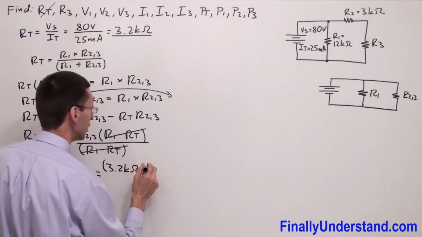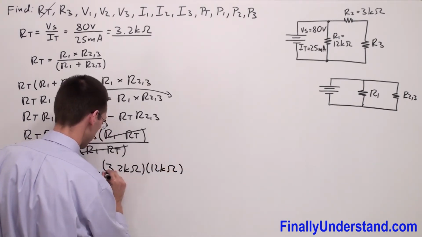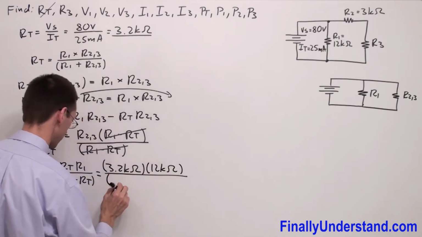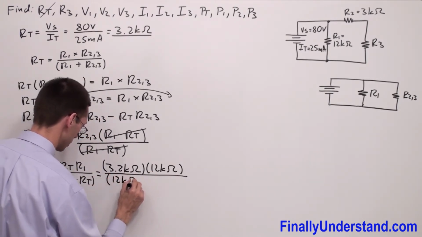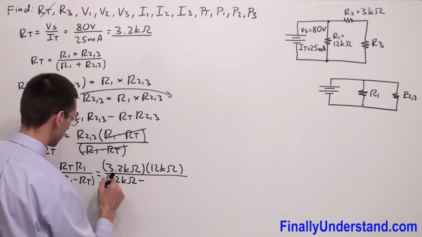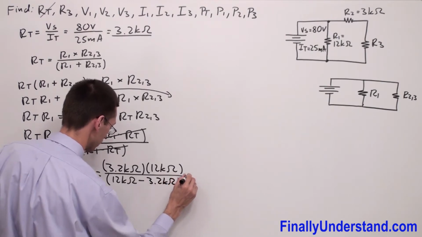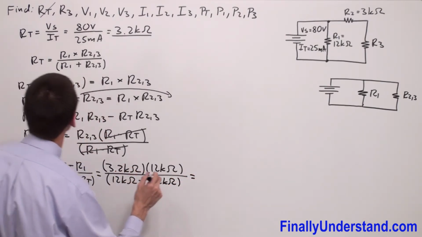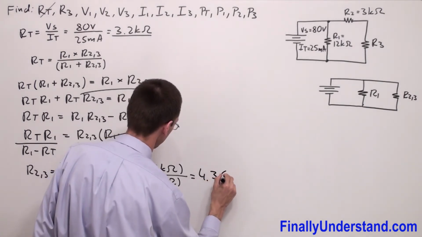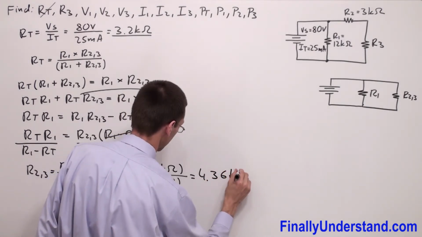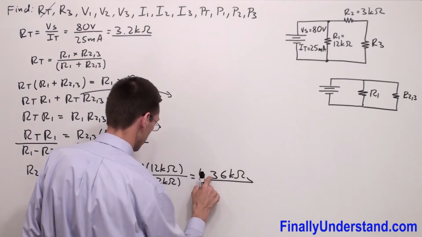So I have times R1, 12 kiloohms, everything over R1, 12 kiloohms, minus R total, 3.2 kiloohms. This is equal to 4.36 kiloohms. Okay? But please notice, this is point, okay?